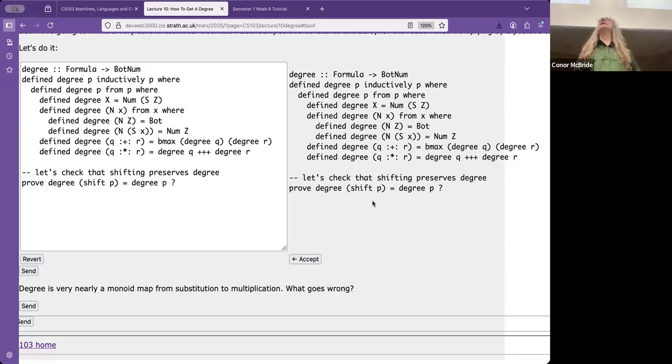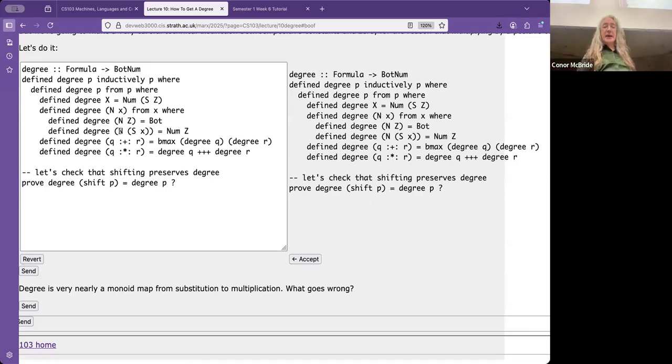So what's happening here is that we are interpreting the same notion of formula, but not in your usual rig. We're interpreting the formula as a calculation in the Botnum rig that you built last week.